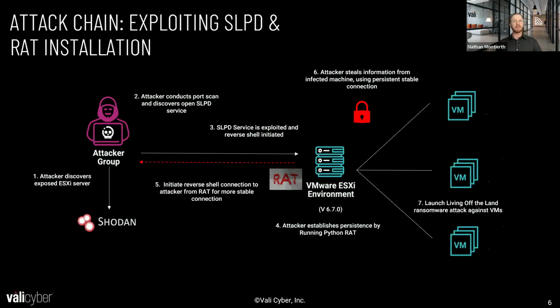We want to put some kind of pause on business. We want to cause them pain. In the case of ransomware, it's because we want to extort money from them. We want to say, hey, you can't use any of these virtual machines until you pay up. So by targeting a hypervisor, we automatically gain access to a much larger number of systems that they are using for business purposes by just attacking one machine.